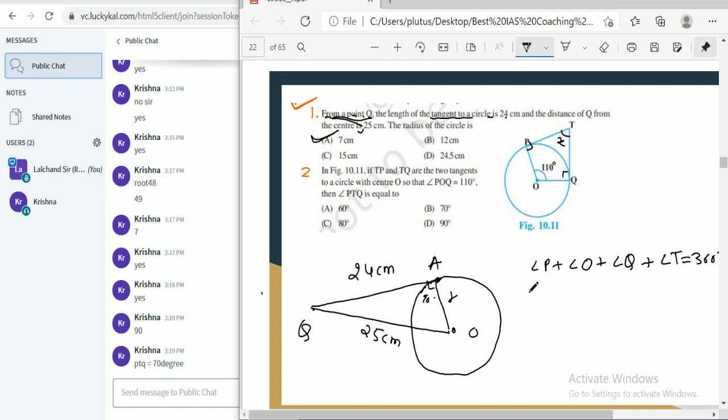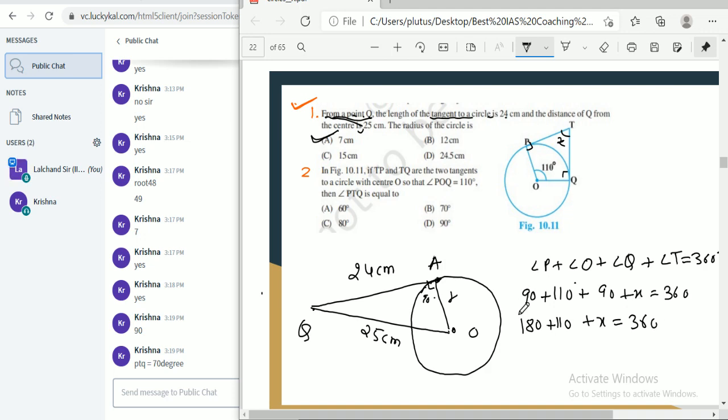We know angle P and Q both are 90 degrees. So we substitute the value of these two angles, and angle O is 110. And angle Q is 90 degrees again, and this is our X, equal to 360. The sum of these two is 180. This is 110 plus X plus 180 equal to 360.